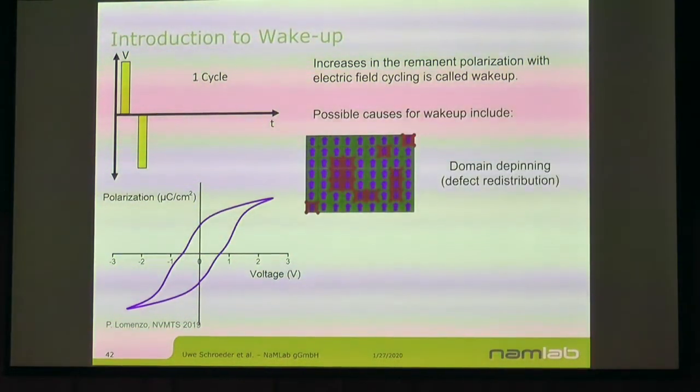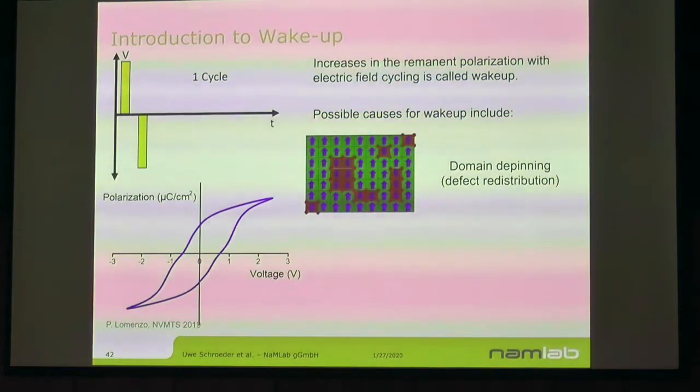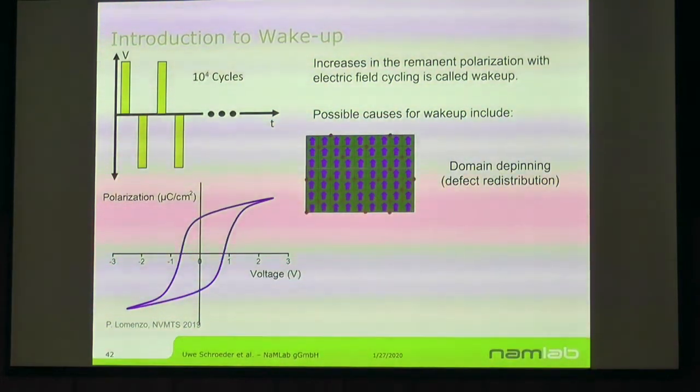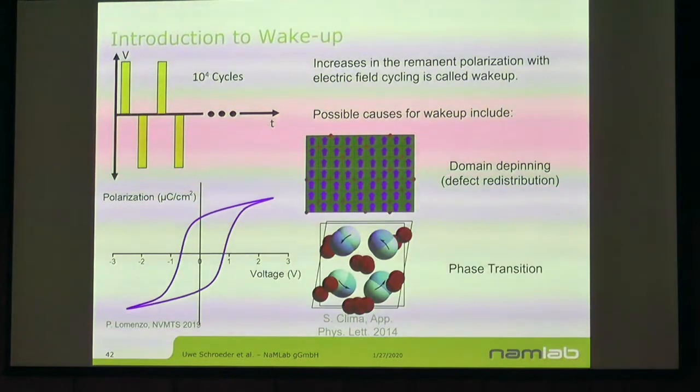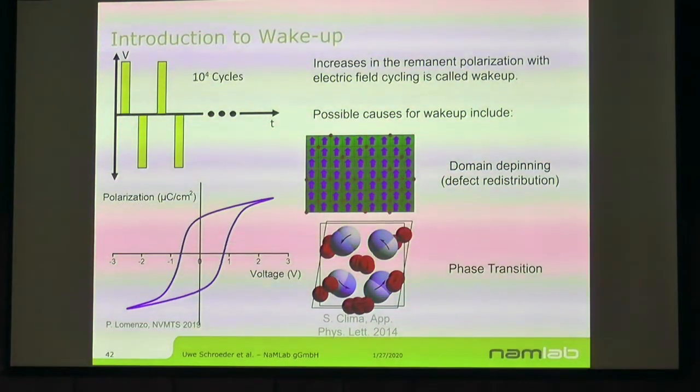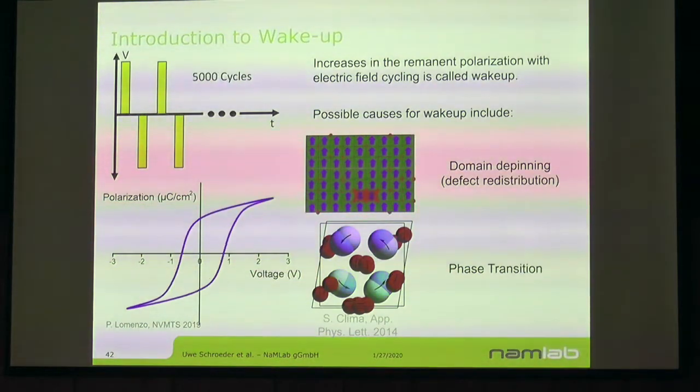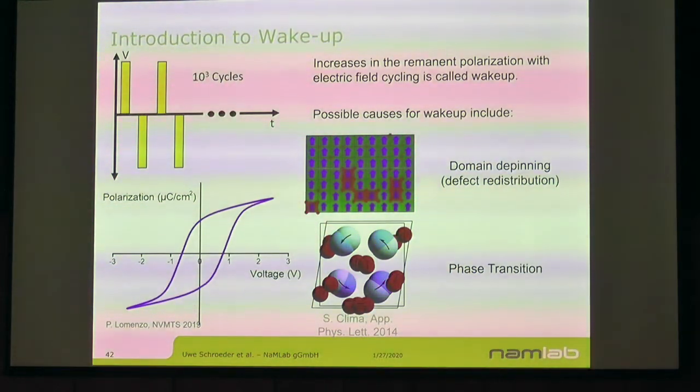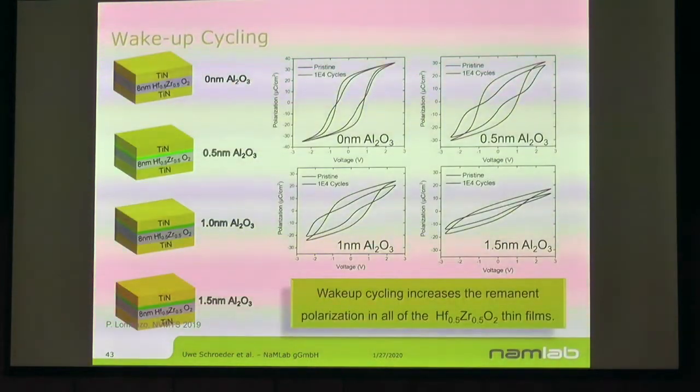As possible causes, you have either depinning of domains, and the other thing which was discussed so far was a phase transition from a non-polar to a polar phase of the material. And for all these cases, we measured this effect of a de-pinching of the hysteresis loop.